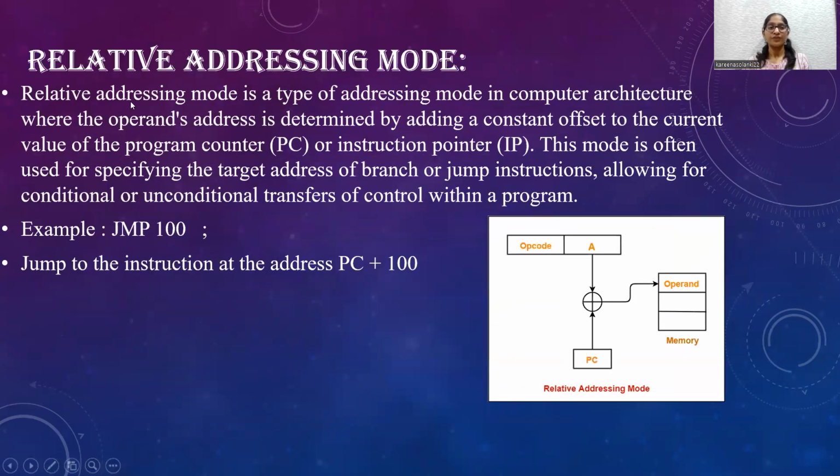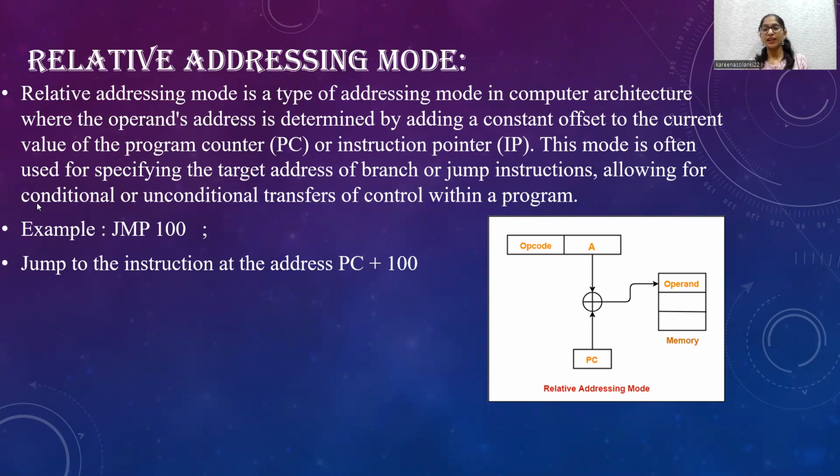Relative addressing mode. Relative addressing mode is a type of addressing mode in computer architecture where the operand's address is determined by adding a constant offset to the current value of the program counter or instruction pointer. This mode is often used for specifying the target address of branch or jump instructions, allowing for conditional or unconditional transfers of control within a program.